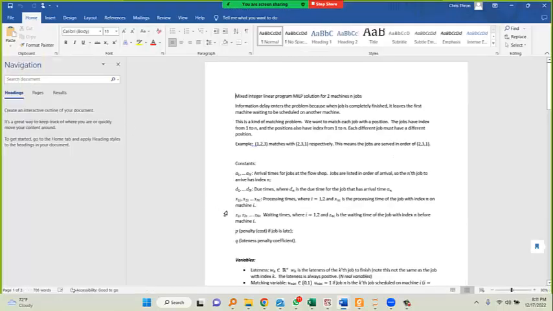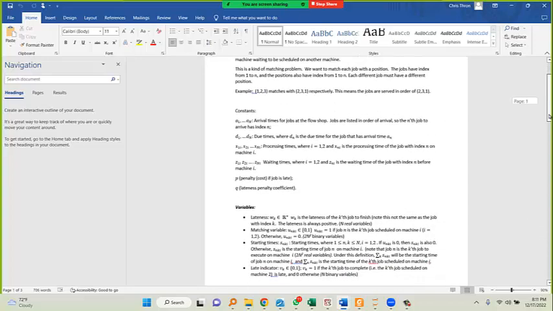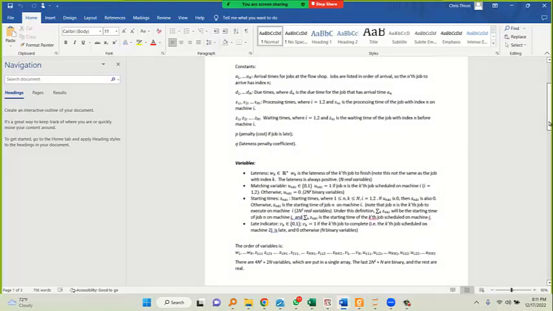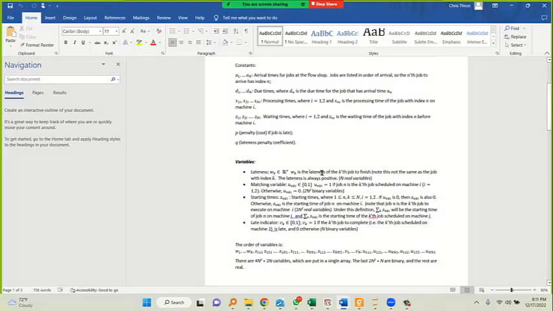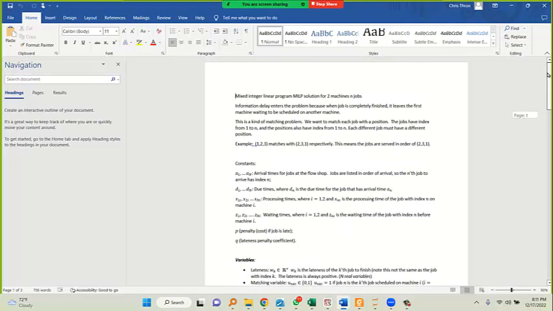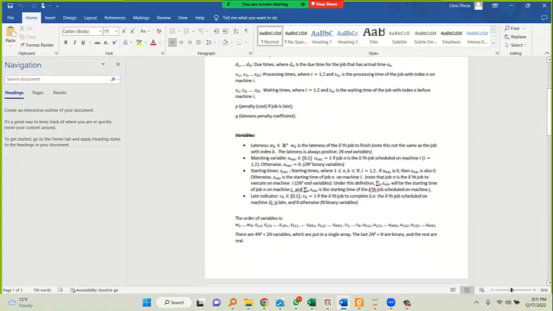So you have A, D, X, Z. And we have W. This is the lateness. Okay, W is lateness, and it says there's n variables. And then you have U, and this says there's 2n squared binary variables.